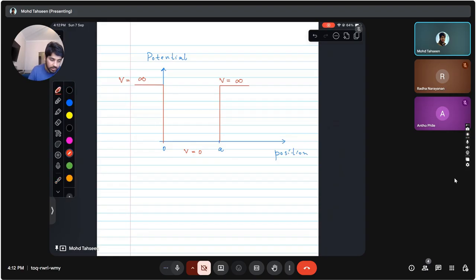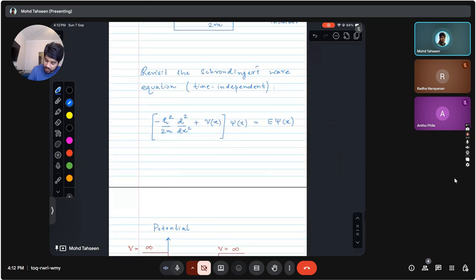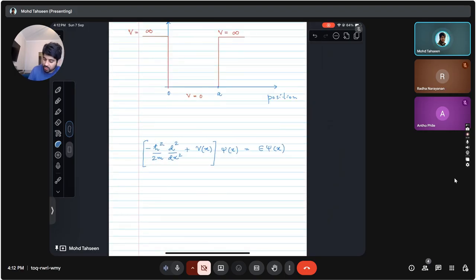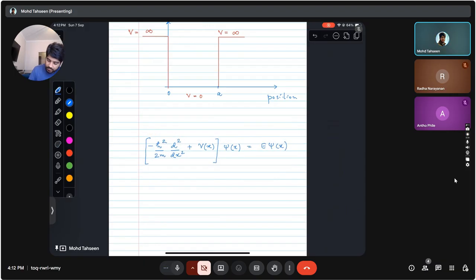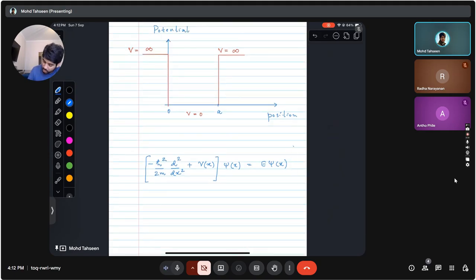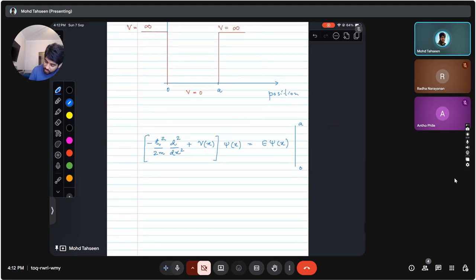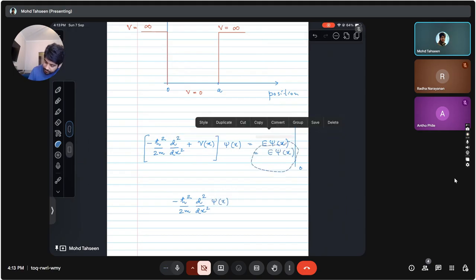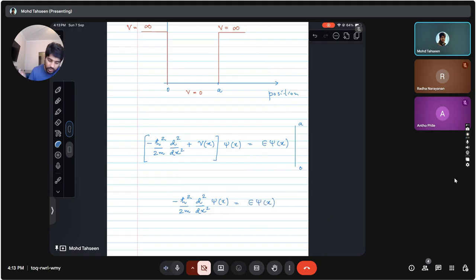So if I try to solve this equation inside the box, this is called a 1D box, the region from 0 to A. Since V is 0, this becomes a very simple equation, that the second derivative of psi is equal to E psi, where E is the energy of this electron.